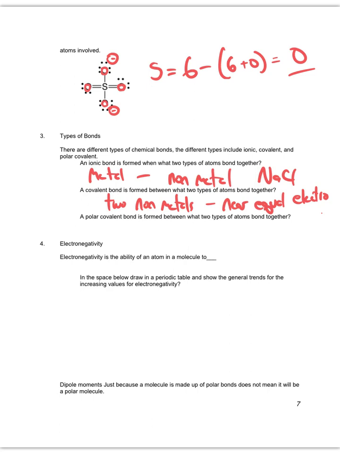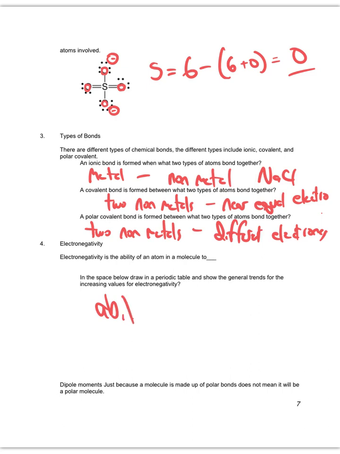The polar covalent is between two nonmetals with different electronegativity. Okay, and we know electronegativity is the ability of the atom to pull electrons towards it in a bond.